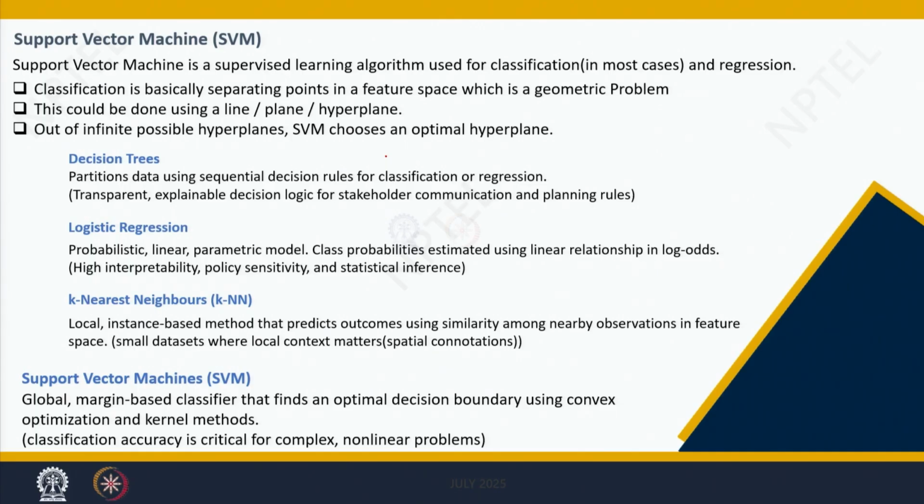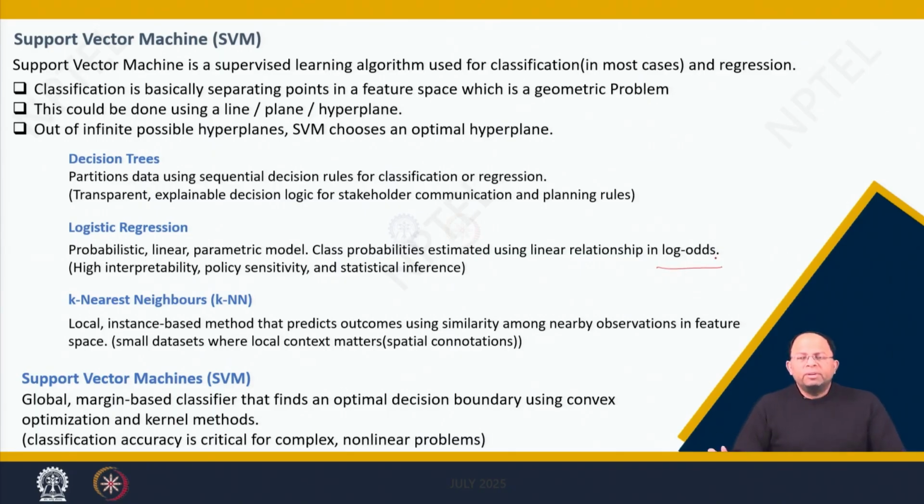Now, in case of logistic regression, we found that not only can we partition, but it is a probabilistic linear parametric model. So we are fundamentally assuming a linear relationship between the predictors and the target, but it's a probabilistic model, and that's the beauty of it. Once we have a linear model, there is a score that comes out of it, and we already discussed earlier that we can convert it into probability using the log odds of that linear relationship.